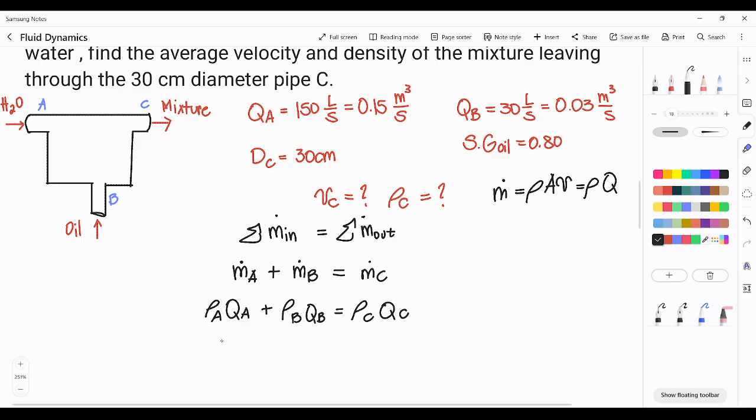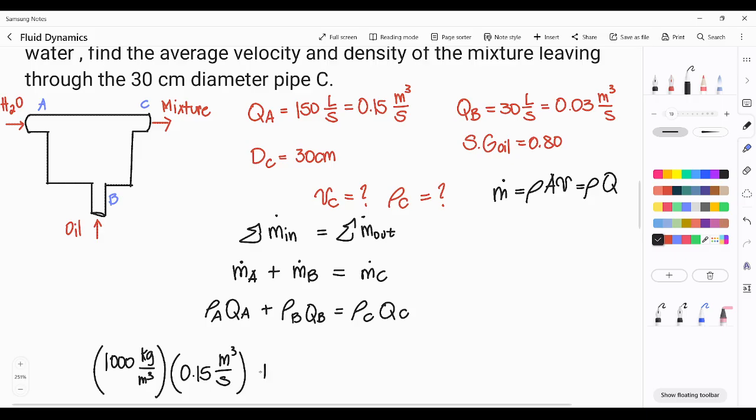And we know that the density of water is 1,000 kilogram per cubic meters. Let's write the units para makita natin yung unit analysis later on. And we are given with QA, diba 150 liters per second. Tapos divide mo lang na 1,000, you'll get 0.15, that is in cubic meters per second.